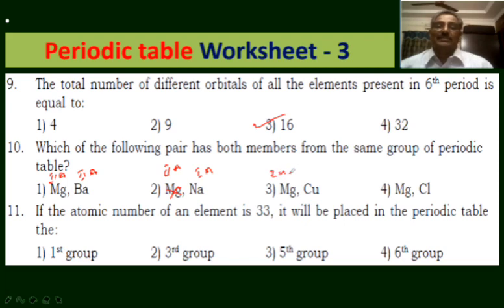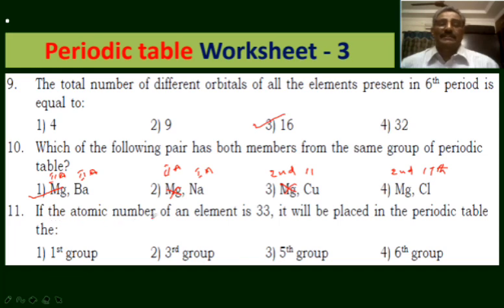Magnesium belongs to second group and copper belongs to 11th group. So the third option is also not the right option. Magnesium belongs to second group or second A group. Chlorine belongs to 17th group. So which pair of elements belong to the same group? Magnesium and barium. So first option is the right option.